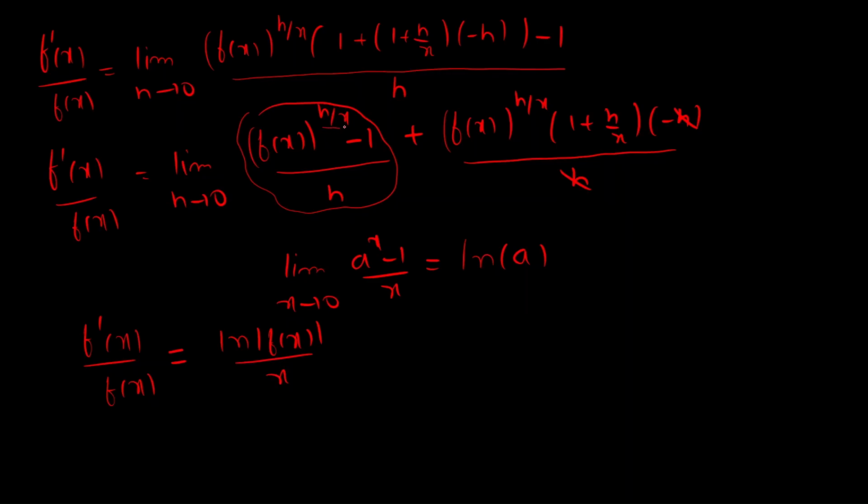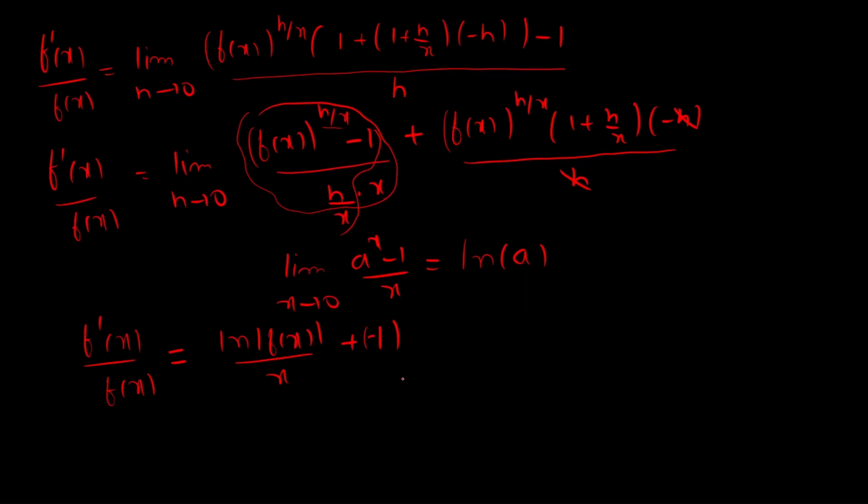Since here we have h by x, I need to multiply and divide with an x. Now this thing will give us the ln mod of f of x, and this x is left, which will come here in the denominator. And if we substitute h equal to 0 in the next expression, we will get that it is nothing but 1 minus 1.